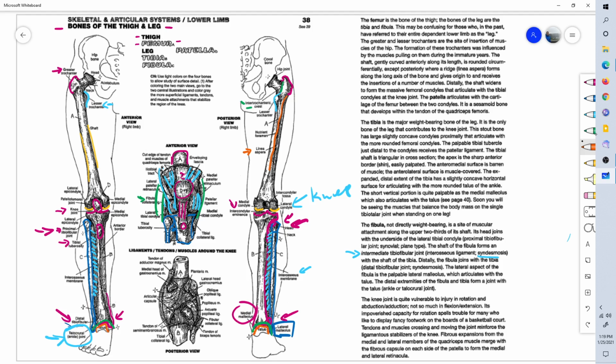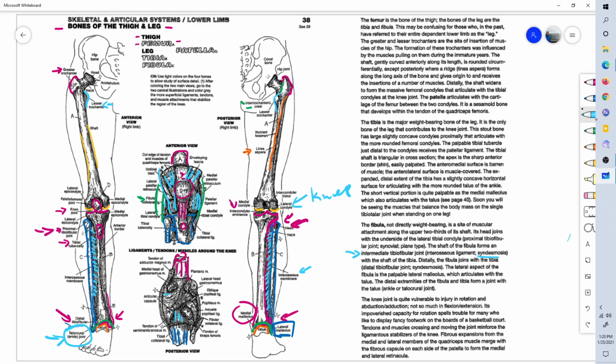Here's the femur again. Right here. Tibia down here. And it's wrapped in all kinds of muscles and ligaments and joint capsule, etc. So there's a capsule that surrounds the joint and protects it and holds the fluid inside the joint.